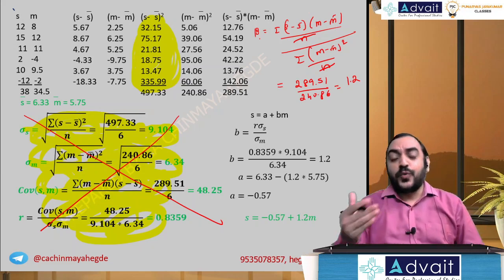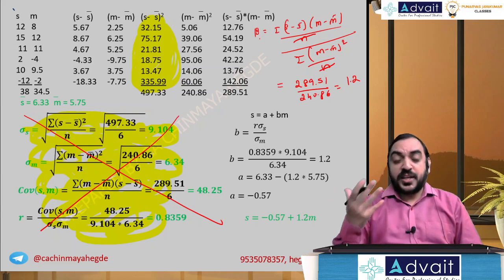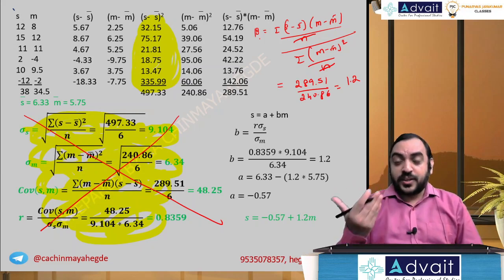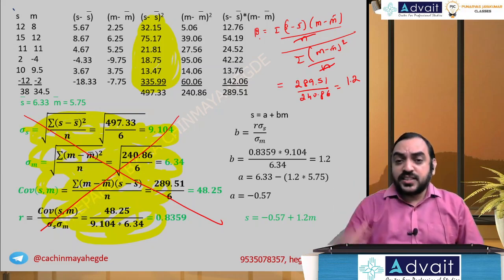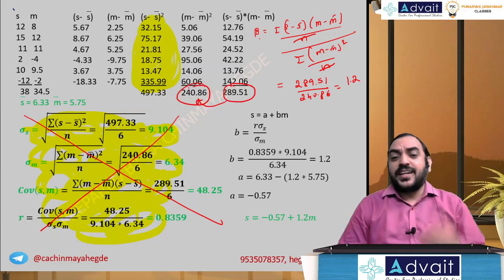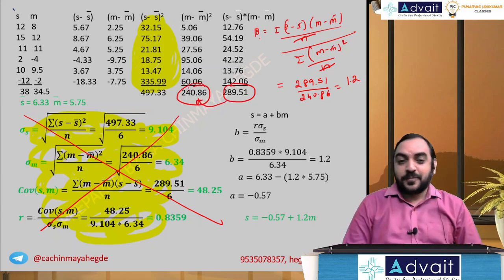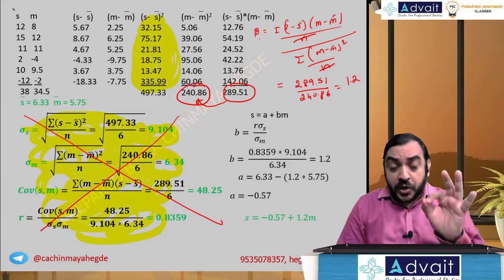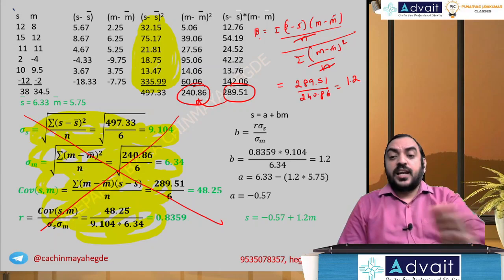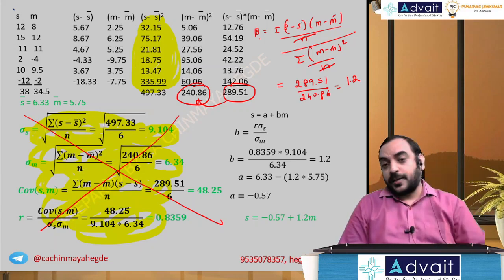Sir, why did you not do it? Already you are wasting our precious time, and you are wasting our time again. Why did you explain so much when you got the answer in just the column totals, 289.51 divided by 240.86? Yes, I agree. If they ask you only the characteristic line, this much calculation can be avoided.